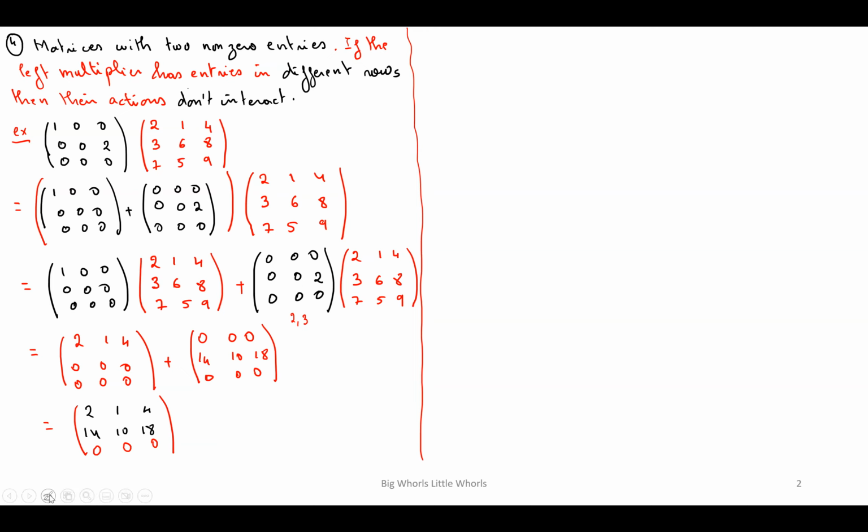Now let's check if that is true by just doing a matrix multiplication.